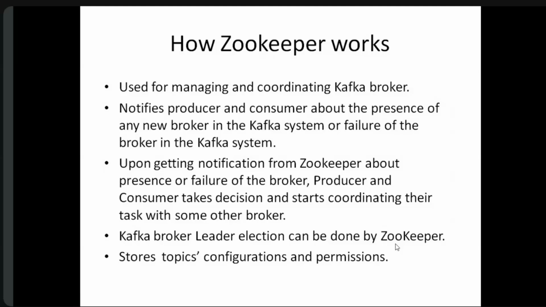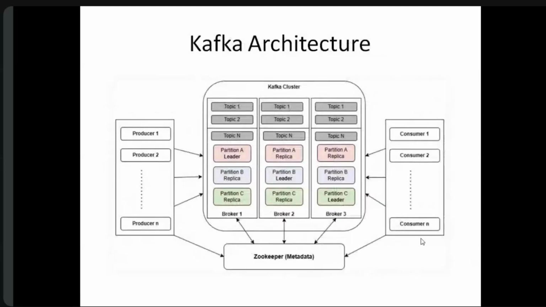Suppose broker 3 is already having 3 partitions and broker 2 is having 2 partitions. So obviously broker 2 has less load. I'm just giving an example. Currently, all the brokers are having 3 partitions, but assume that broker 2 is having only 2 partitions and broker 3 is having 3 partitions.